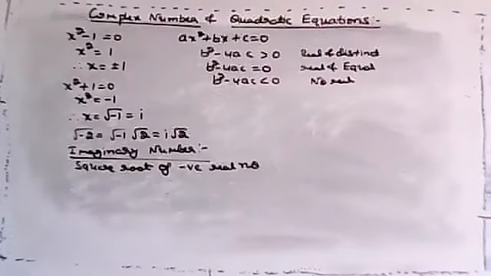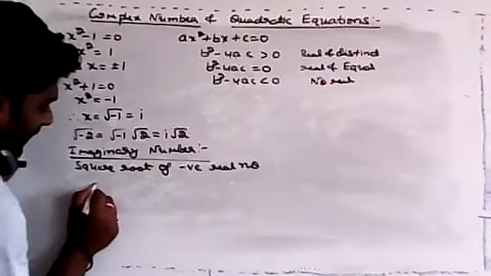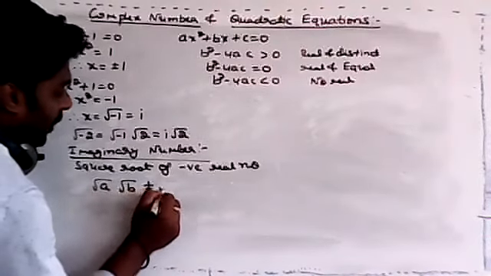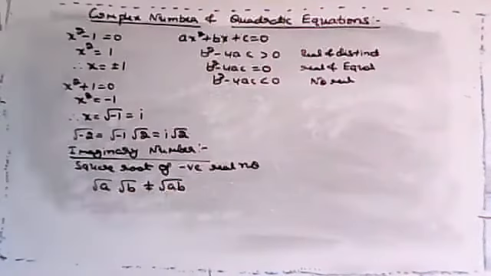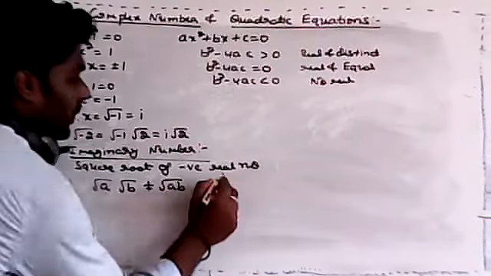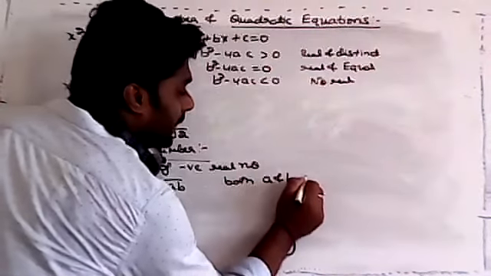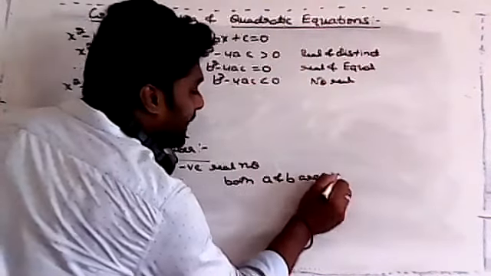In the same concept, root of a into root of b is not equal to root of ab when both a and b are negative. Remember this one. Root of a into root of b is not equal to root of ab when both a and b are negative.